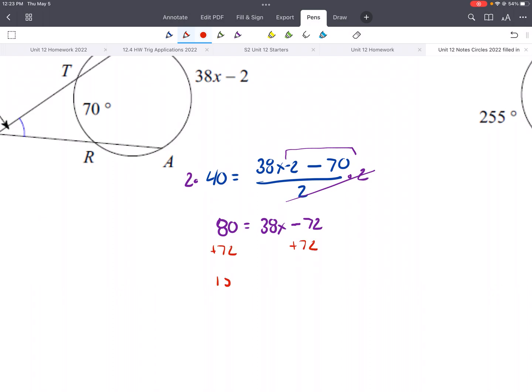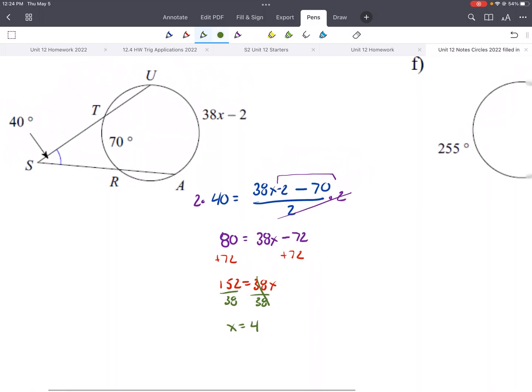So that's 152 equals 38x. And then divide by 38. And that should give us, I think, x equals 4. Okay, I don't have my calculator with me, but I think we can double check and make sure. So that would be our answer.